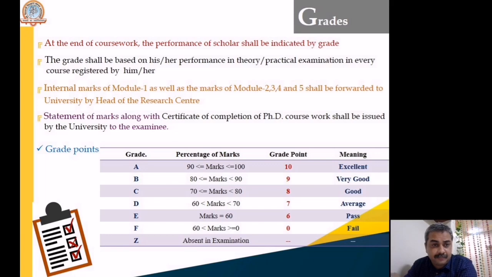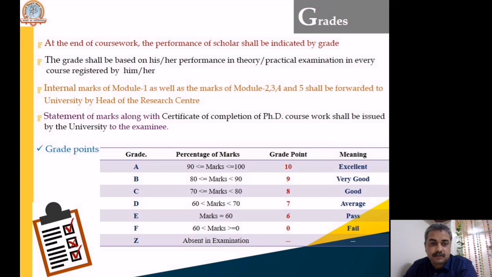Next is the gradation. At the end of the coursework, the performance of the scholar shall be indicated by the course grade. The grade shall be based on his or her performance in theory and practical examination in every course registered by him or her.